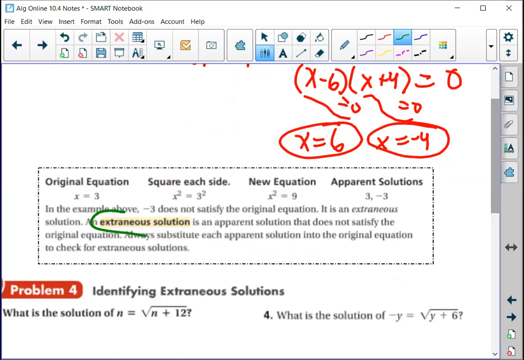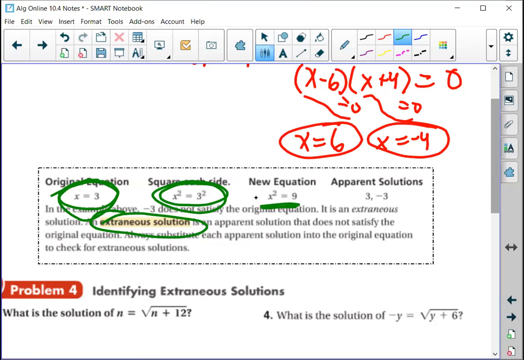call an extraneous solution. Basically, whenever we go through the steps of solving the radical equations, whenever we square each side, we sometimes get something called an extraneous solution, something that seems like it would work, but it doesn't actually. As an example of that, if we started with the original equation, just a plain old x equals 3, say, we square both sides here and get x squared equals 3 squared, which is x squared equals 9.